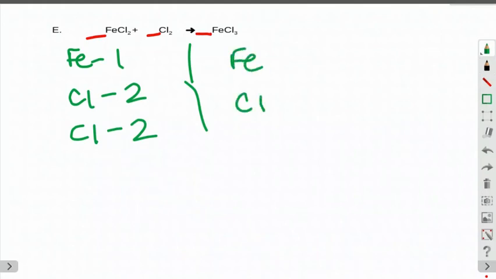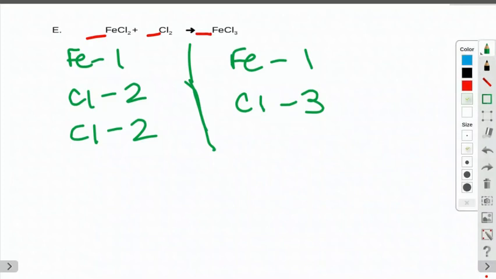On the product side of the reaction, we have 1 iron and 3 chlorines. So we can see that we don't have the right number of chlorines on each side. So this is where, like I said, this is a guess and check method. You can add a coefficient to either side just to try to get equal numbers on both sides.